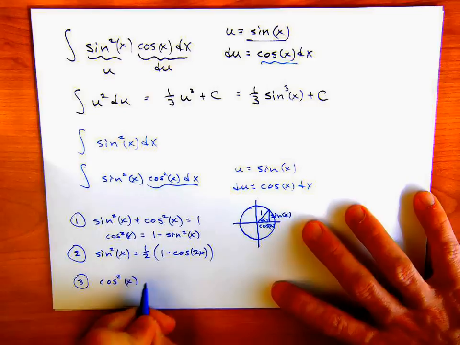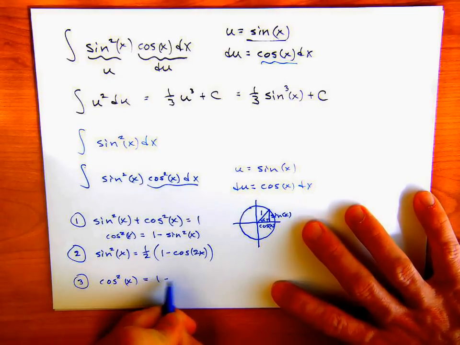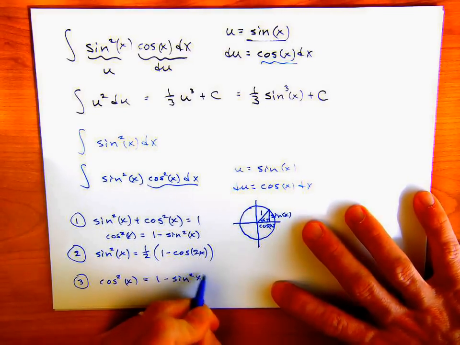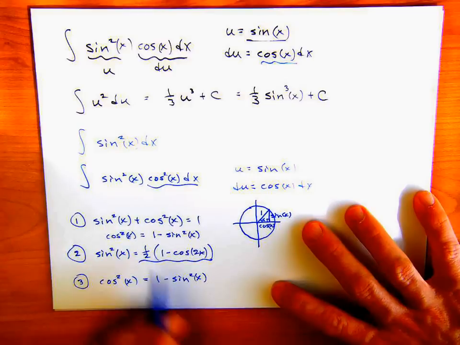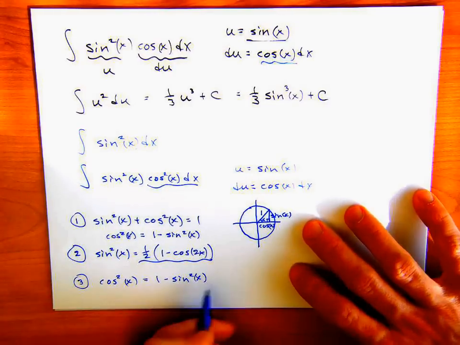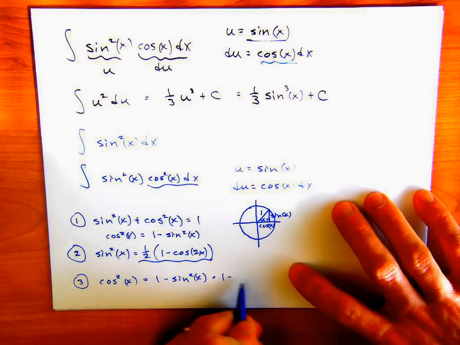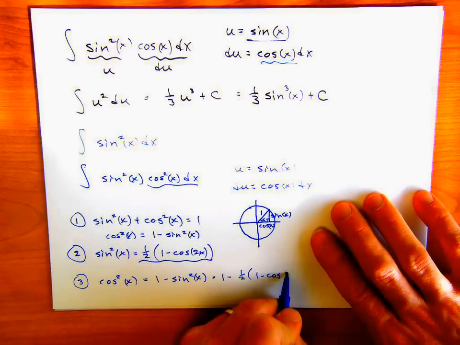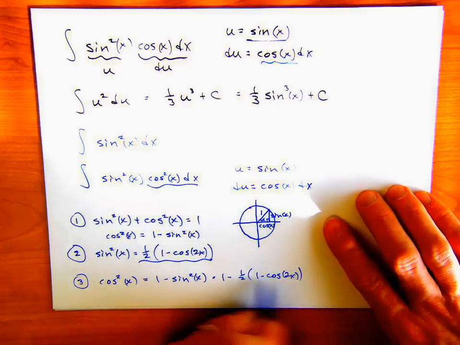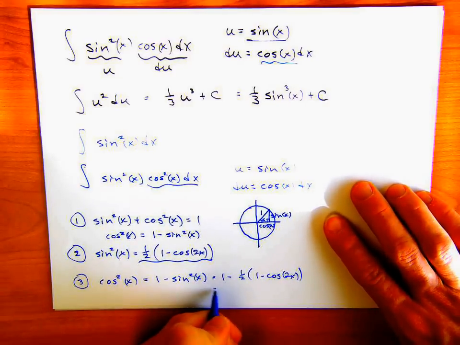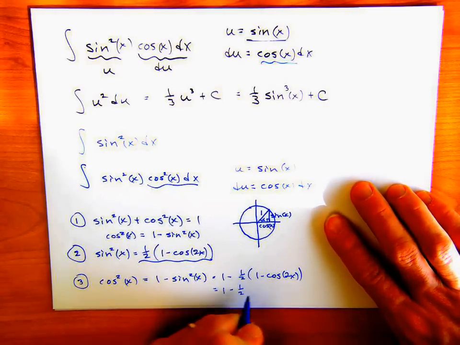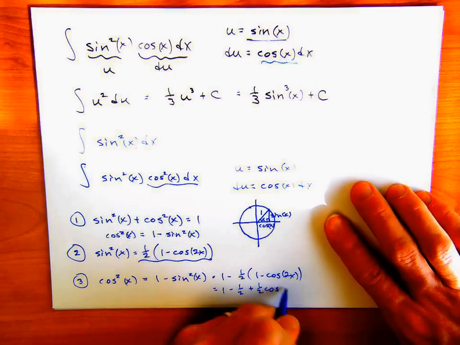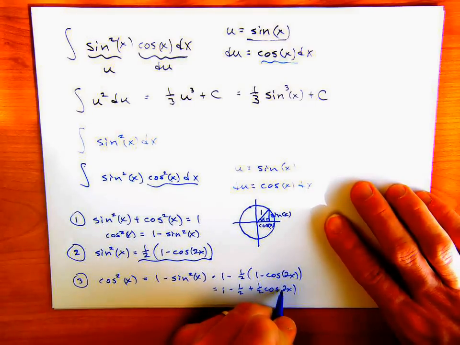So for example, if I let this equal 1 minus sine squared of x, well, here's an expression for sine squared of x, all right? So that gives us 1 minus 1/2 times 1 minus cosine 2x. If we distribute that 1/2, we end up with minus 1/2, and then that's minus a negative, so plus 1/2 cosine 2x.